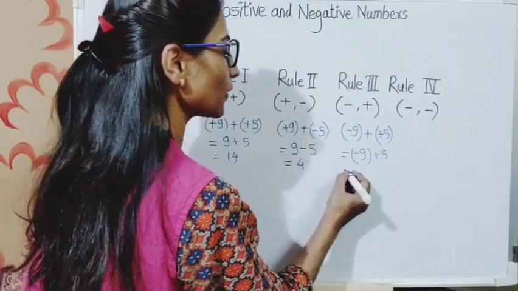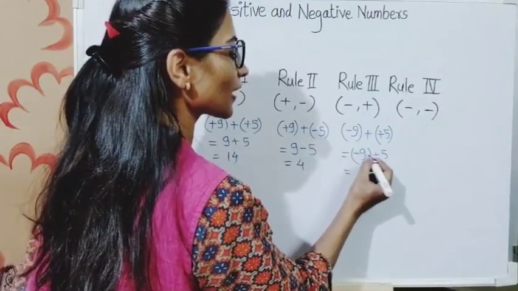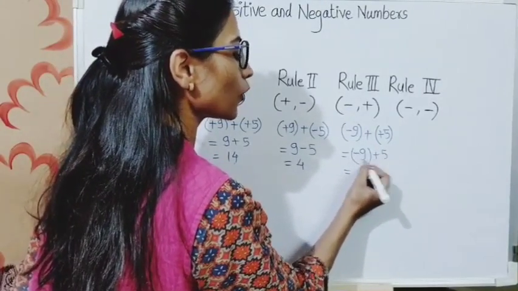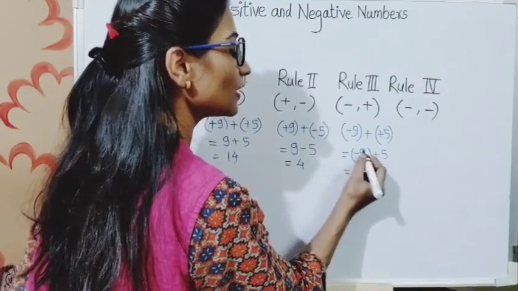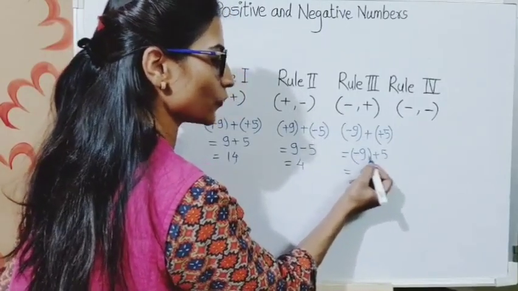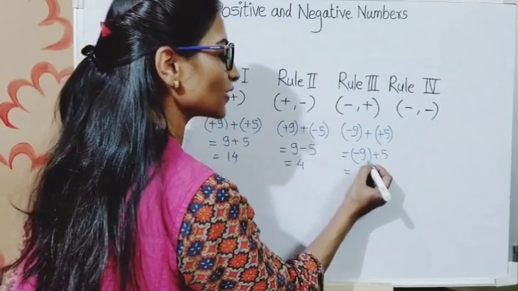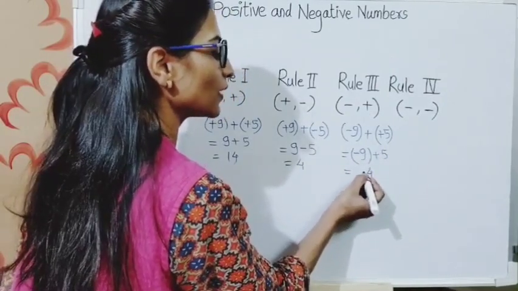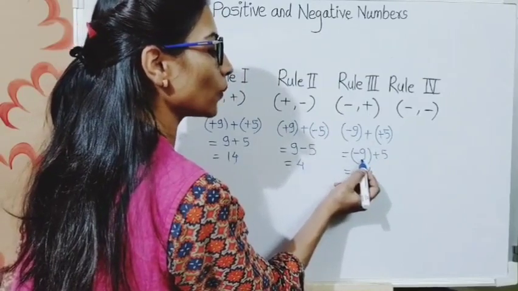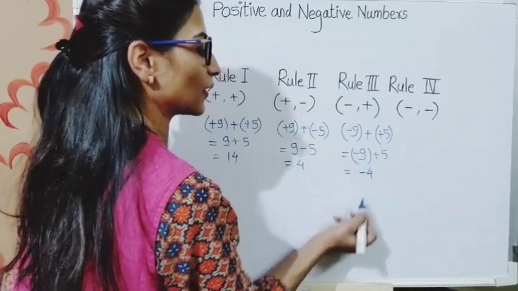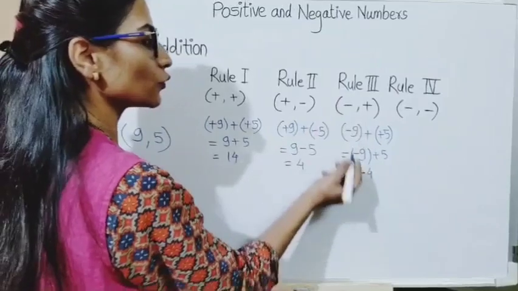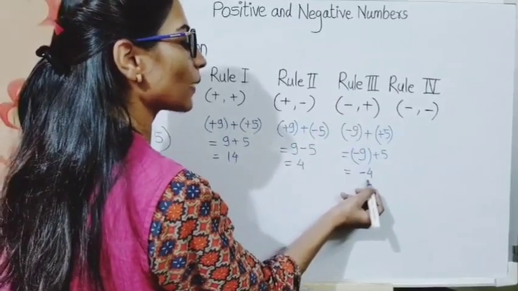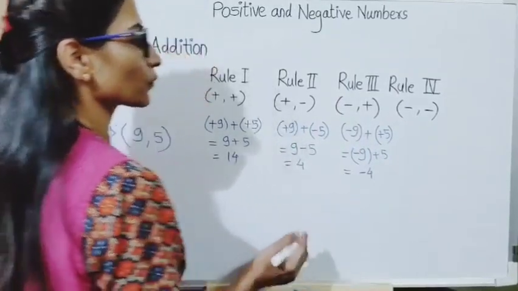But here the minus sign is there and here the plus sign is there. Both signs are opposite to each other. That's why we have to subtract 5 from 9, and the answer will be 9 minus 5 is equal to 4, and the sign will be negative because of the sign of the biggest number, which is 9. So according to the third rule, the answer will be minus 4, negative 4.